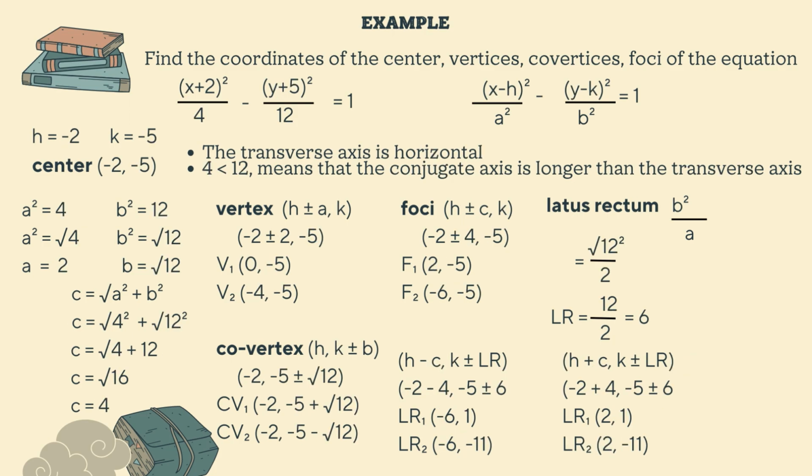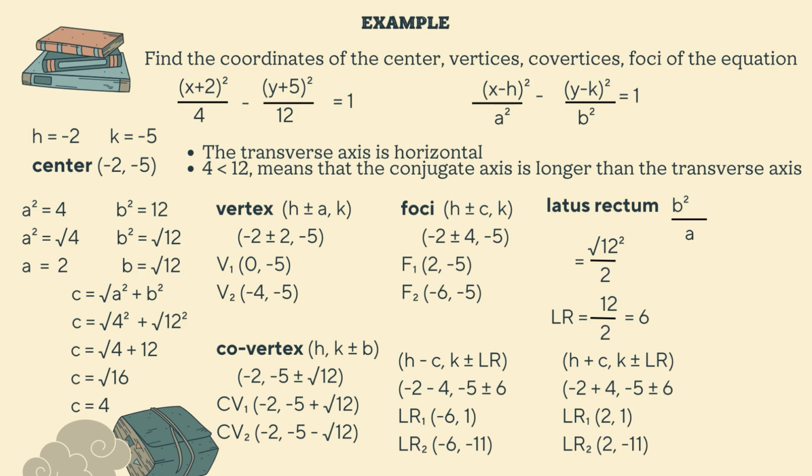For the next example, find the coordinates of the center, vertices, co-vertices, and foci of the equation: the quantity x plus 2 squared over 4 minus the quantity y plus 5 squared over 12 is equal to 1. That is from the standard equation: the quantity x minus h squared over a squared minus the quantity y minus k squared over b squared is equal to 1.